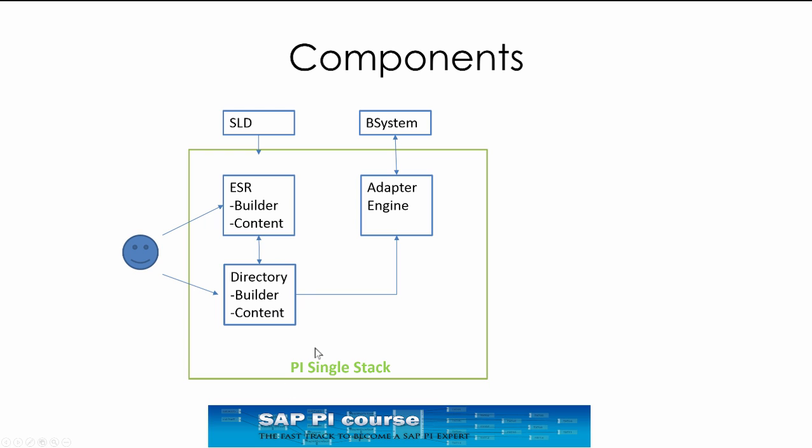So now we have done all the configuration. We have set where we need to pick up a file and place it. Then this data is synchronized to the adapter engine, where it's also reading some business systems just to figure out what they are.